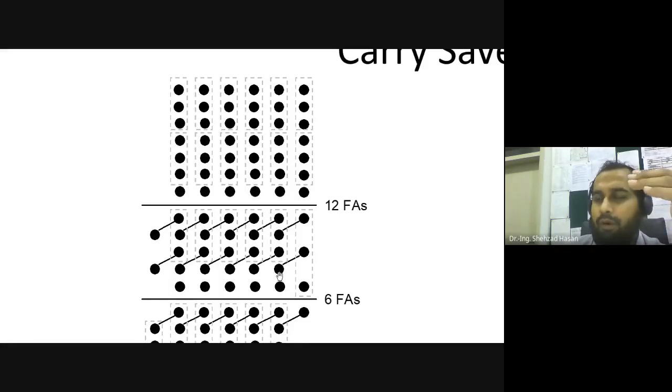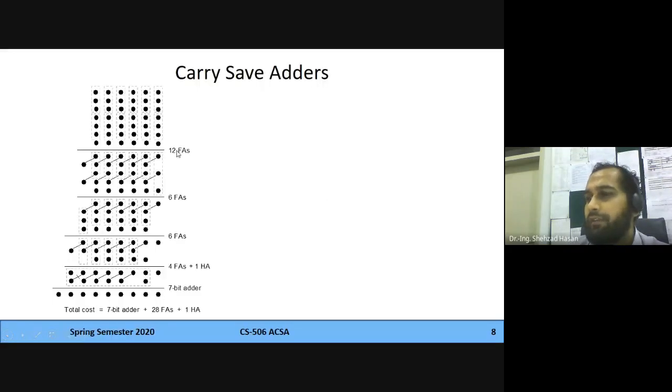So what's happening in this level, we have used 12 full adders to reduce these 7 numbers into 5 numbers. And if you use 6 more full adders, what you're going to see is you're going to reduce it from 5 numbers to 4 numbers. And then if you use six more full adders, then you're going to reduce it to just three numbers.